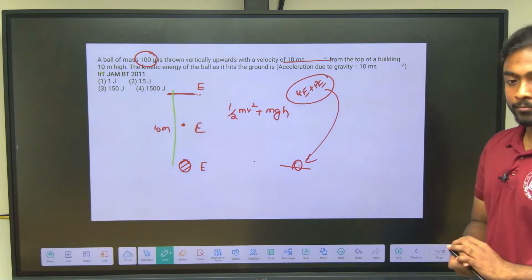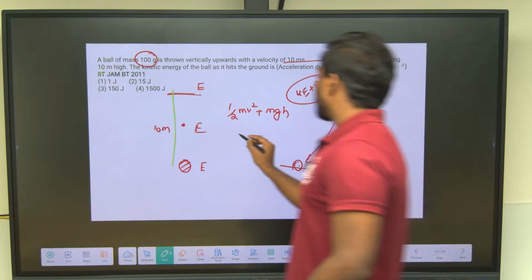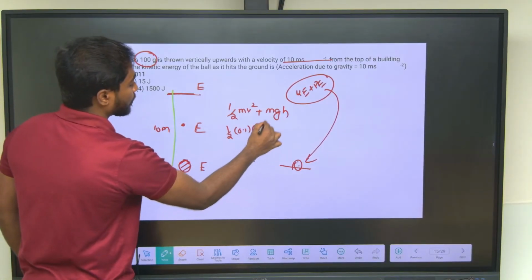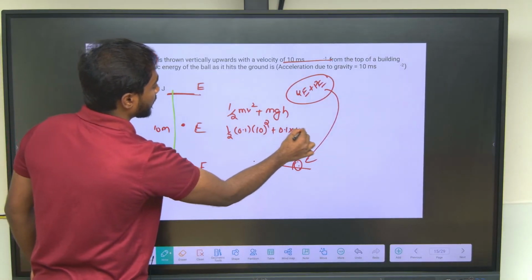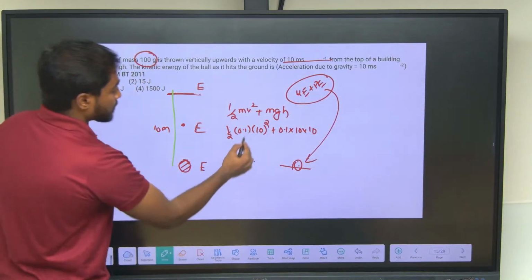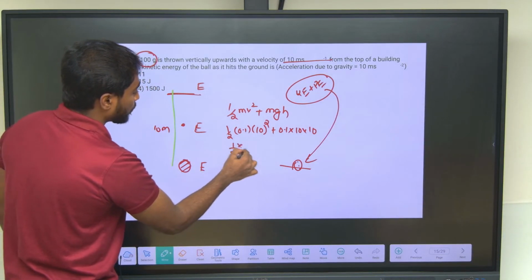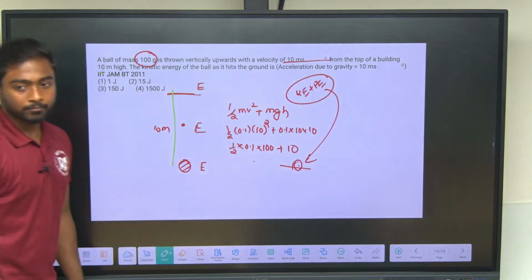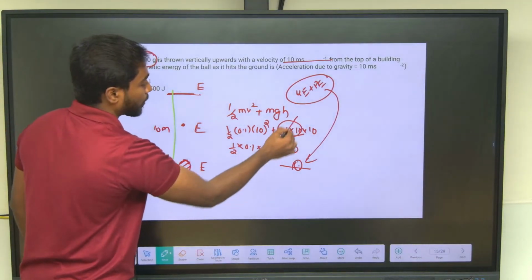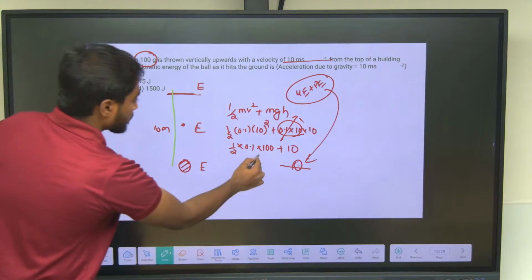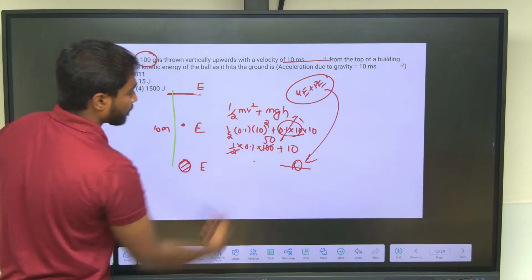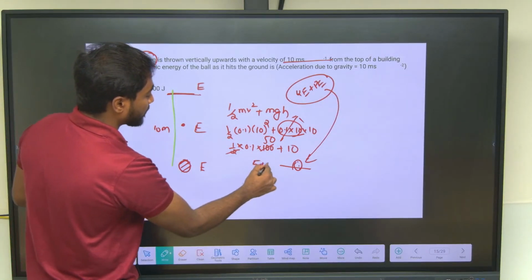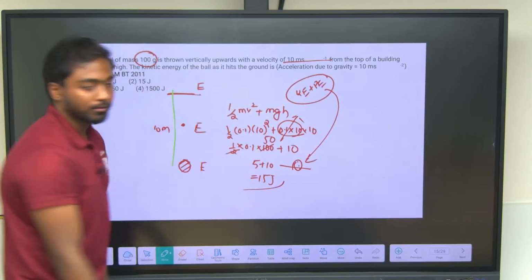So half into mass 0.1 into 10 square, plus again 0.1 into 10 into 10. So this is 1 by 2 into 0.1 into 100, which is 5, plus this is 10. Yes, no? So it is 5 plus 10, which is nothing but 15 joules is the answer.